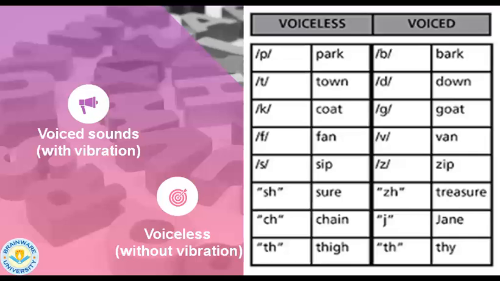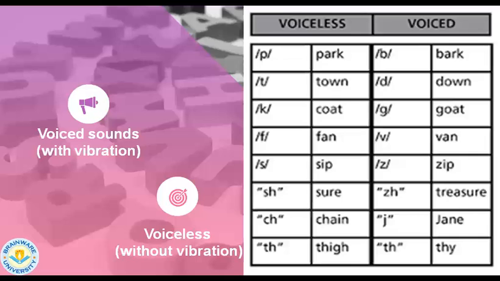This vibration can be felt by putting the palm of your hand on the Adam's apple. Which one is the Adam's apple? If you put your hand on your throat, you'll see that a swollen section is there that is called the Adam's apple. And if you put your palm on your Adam's apple, you will feel some vibration.